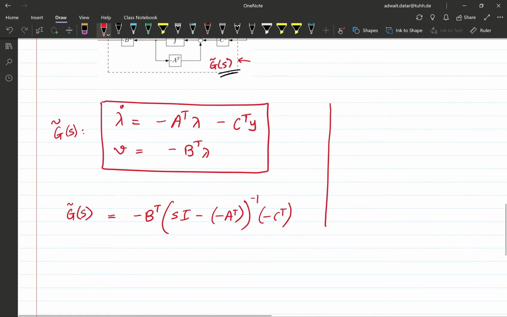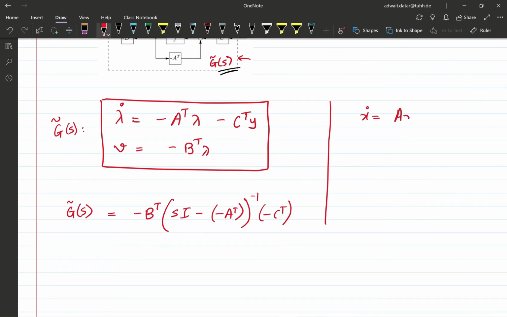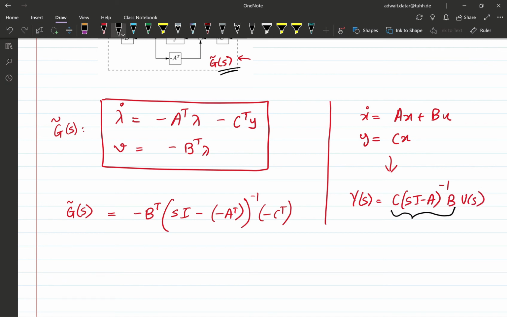So this comes from the fact that if we had a state space model like this, the transfer function representation is given by this expression here, and you can try to prove this by taking the Laplace transform of both sides on this equation and then algebraically manipulating to obtain the transfer function as shown here.